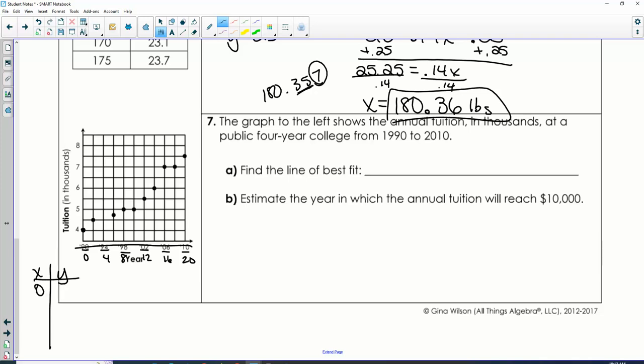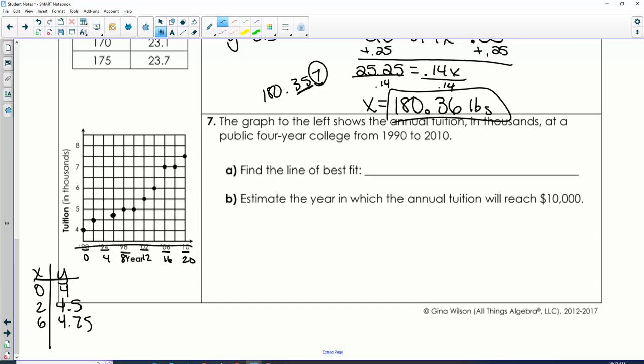The next one, this would be when x was 2. This y between 4 and 5 would be 4.5. Okay, this would be when my x was 6. That's between 4.5 and 5, so 4.75.